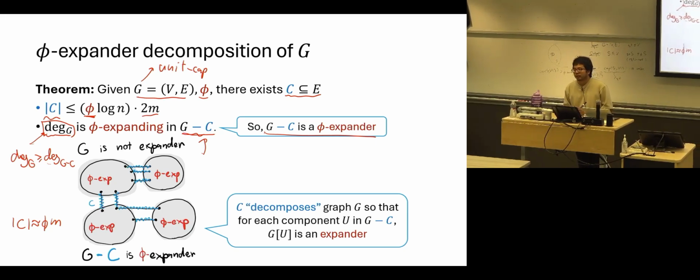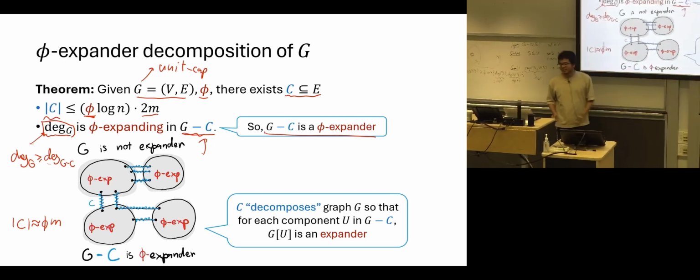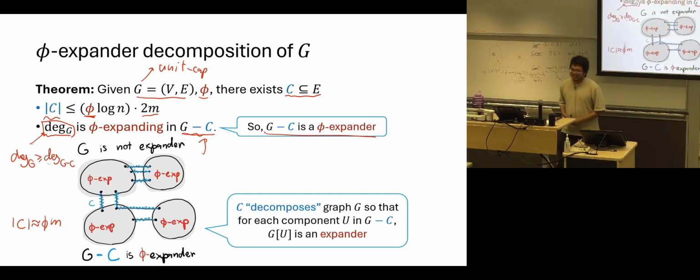Yeah, because we do remove something. So it's not so clear how to use it yet, but at least you get some intuition that you remove a small fraction of edges and everything else becomes good. So now you just need to focus on this small fraction of edges. Okay. That's the intuition.